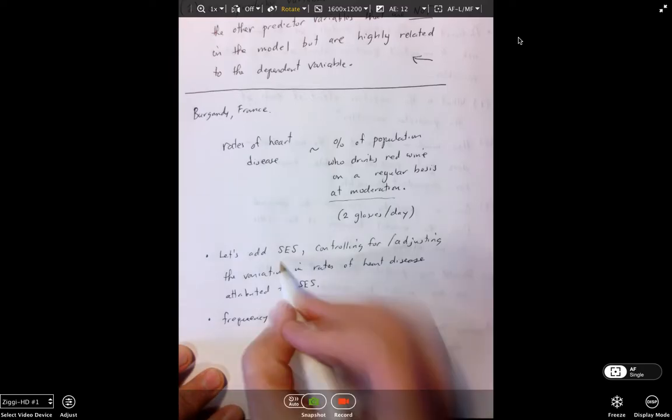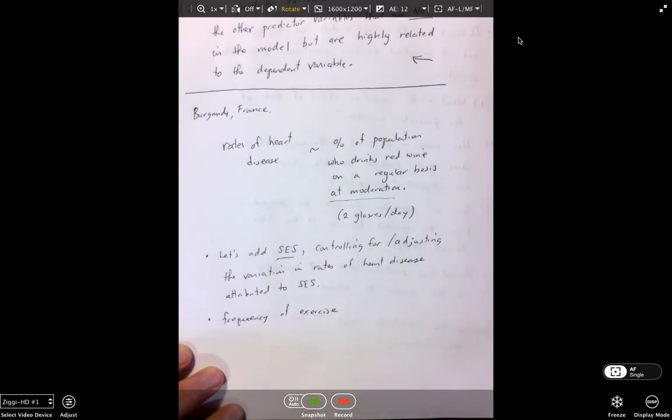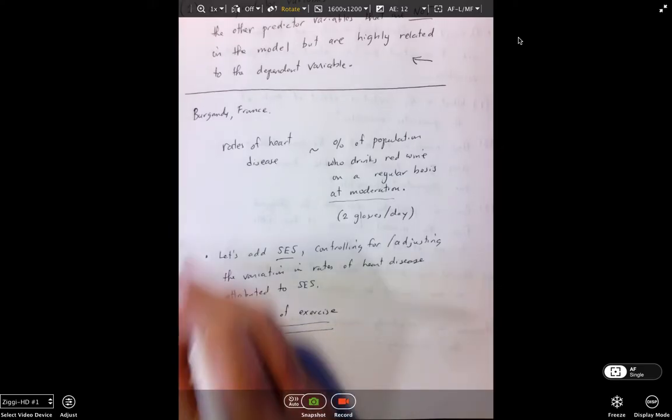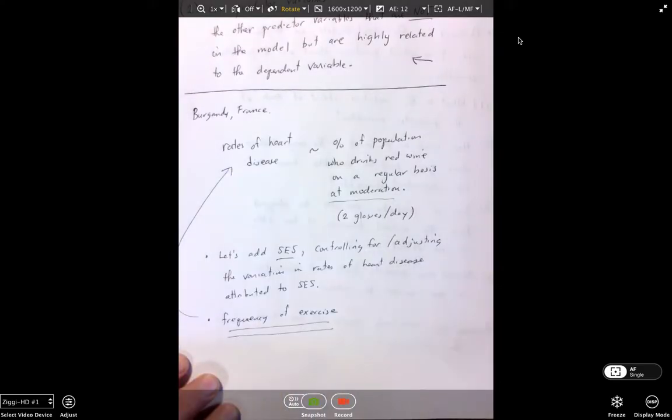When they just had socioeconomic status and whether you drink red wine on a regular basis at a moderate level, there was this other thing that was highly correlated and related to the dependent variable.